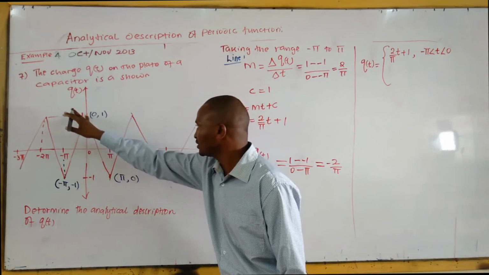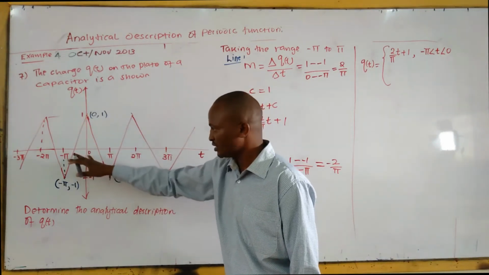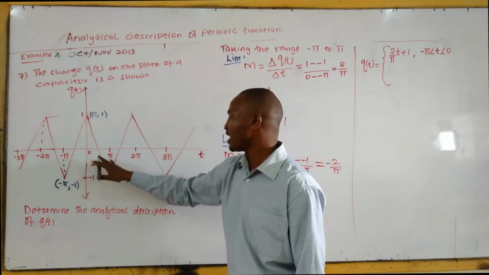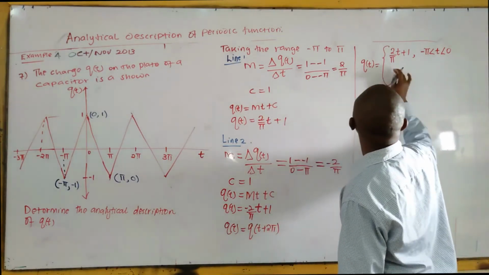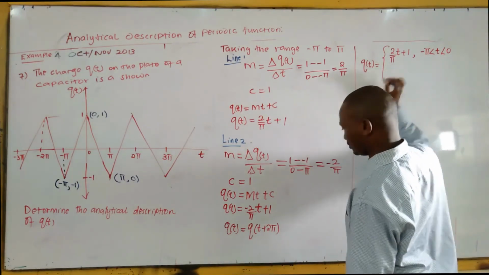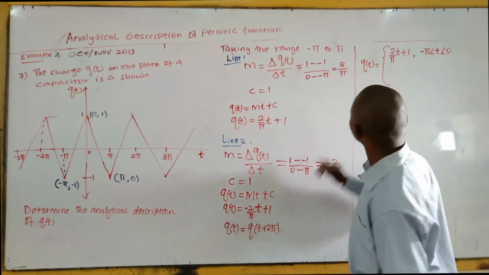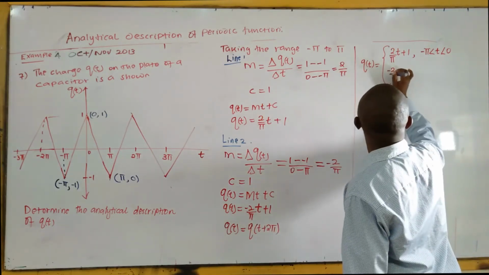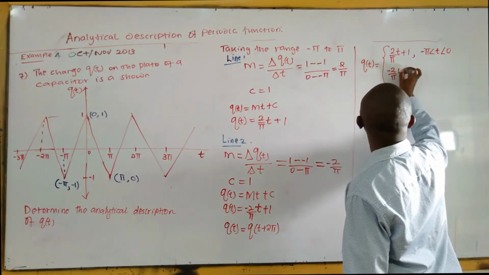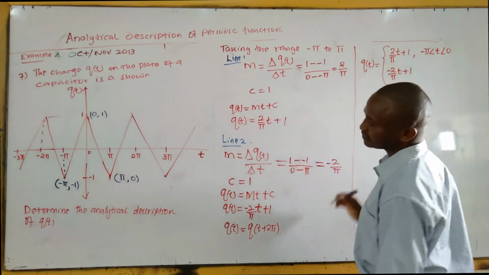From this point to this point, that is for t between 0 and pi, Q of t is equal to negative 2 over pi t plus 1.